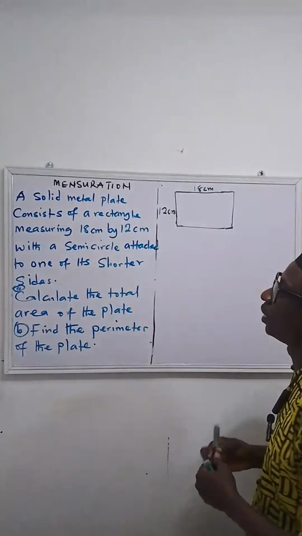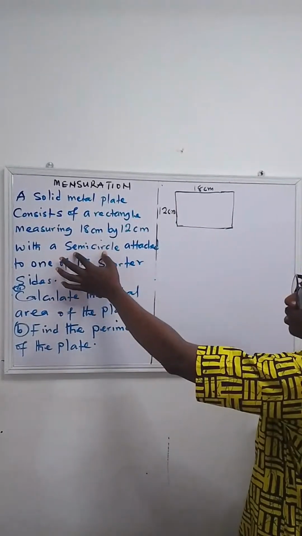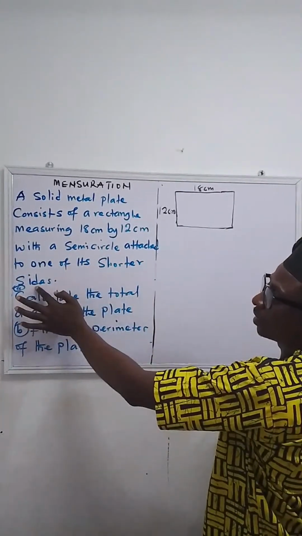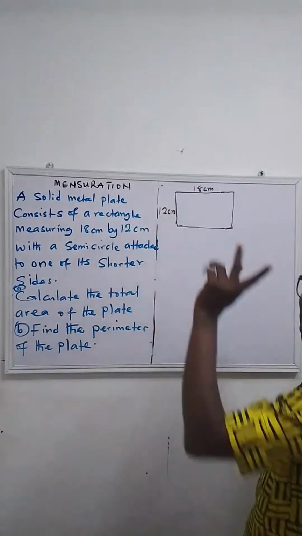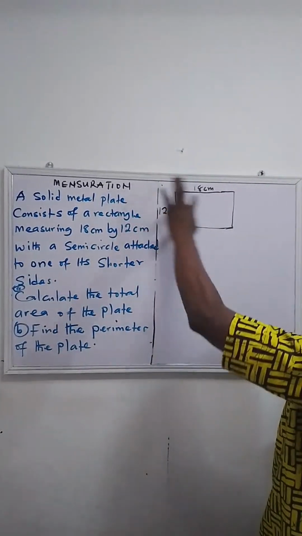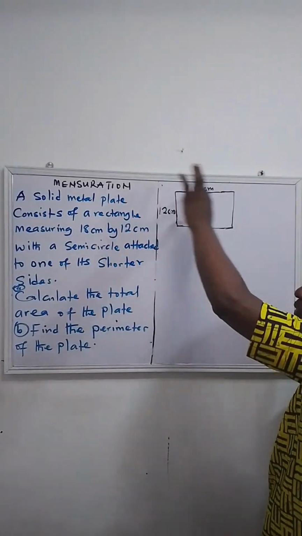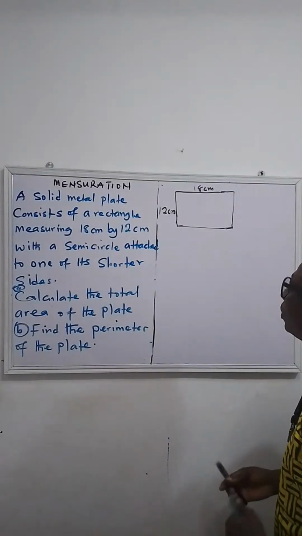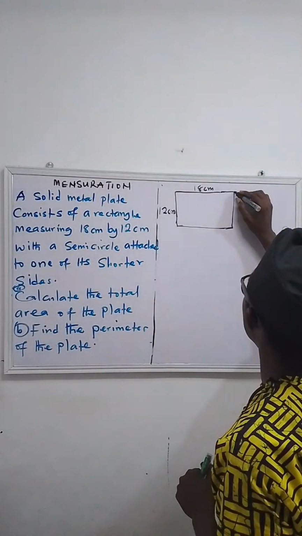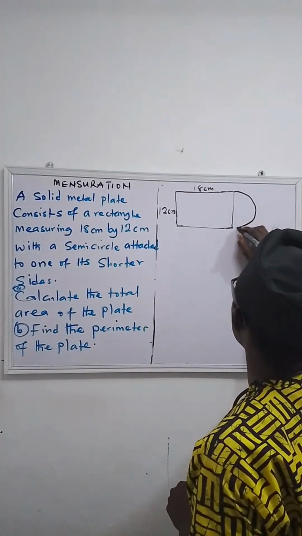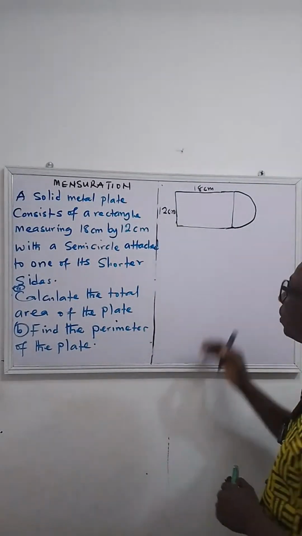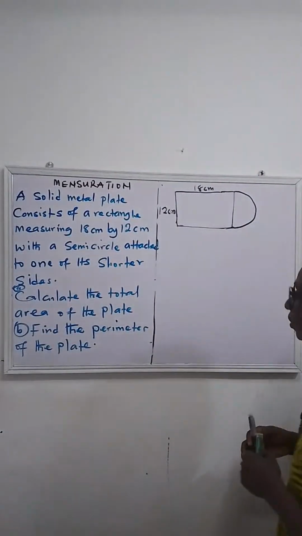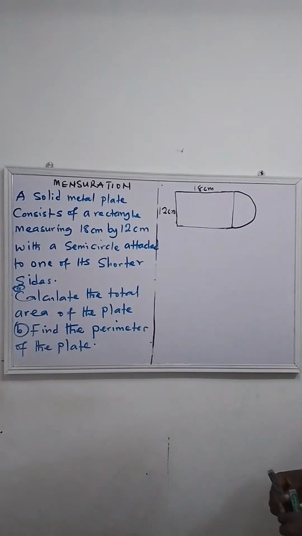Now the question says we have a semicircle attached to one of its shorter sides. We have two shorter sides, this and this. One of them has a semicircle attached to it. So now let's join it to it. So we have something of this form. This is a semicircle attached to this shorter side of the rectangle. I hope you understand that.